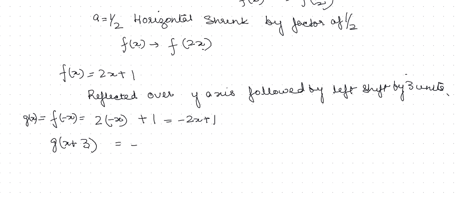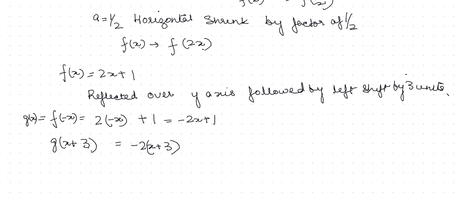Like this is minus 2, and then x is moved to x plus 3, not like negative 2 and x plus 3, not the whole thing. Wherever there is x, it is moved to x plus 3. So first we factor out negative 2, and instead of x, now we write x plus 3.